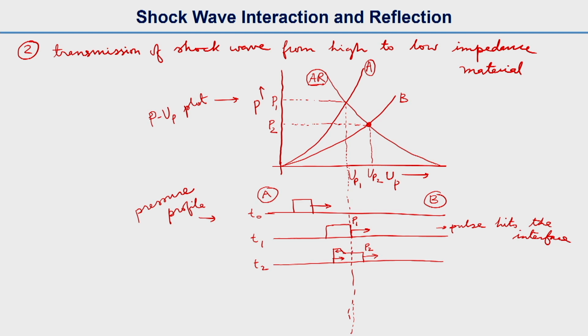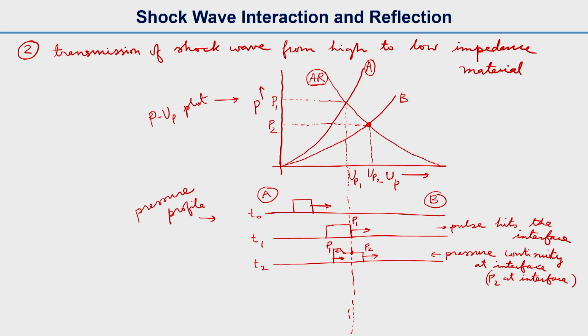You can see that at the interface there is a pressure continuity. That means the pressure is P2 on both sides at the interface, and this pressure is P1, the higher pressure. That is the pressure continuity.